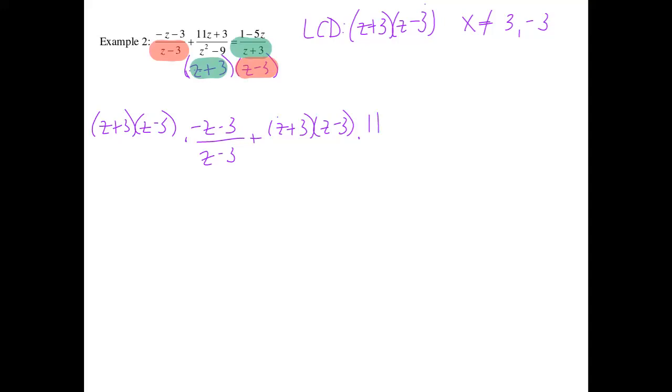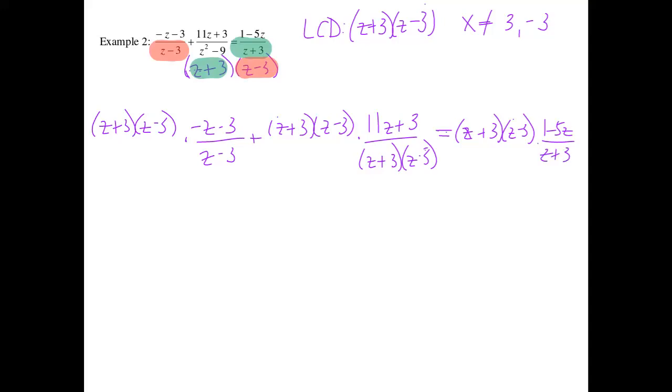And our next term is 11z plus 3 all over, I'm going to write it in that factored form so we can see the cancellation that's going to occur here. And then that's equal to our LCD times 1 minus 5z over z plus 3.